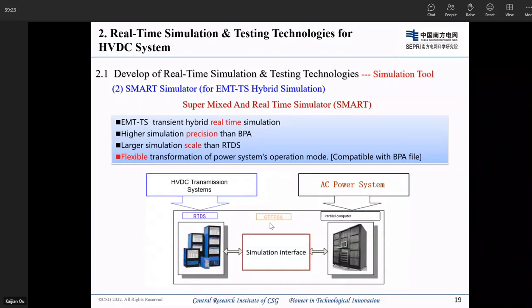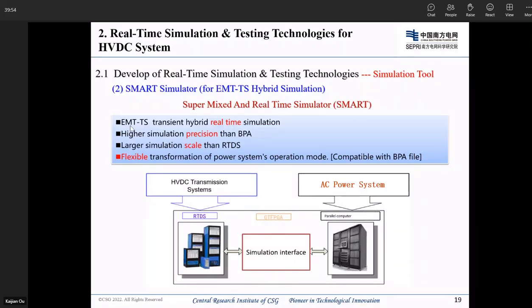For the AC system, we use a PC, a parallel computer, to simulate it. Then RTDS and the PC have a simulation interface together, and then we can simulate a very large power system in real time.